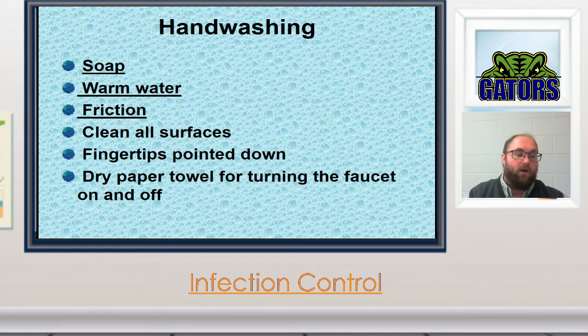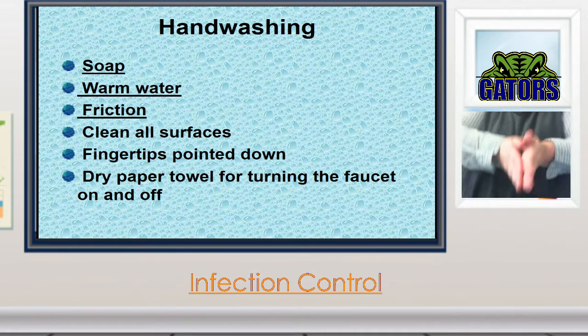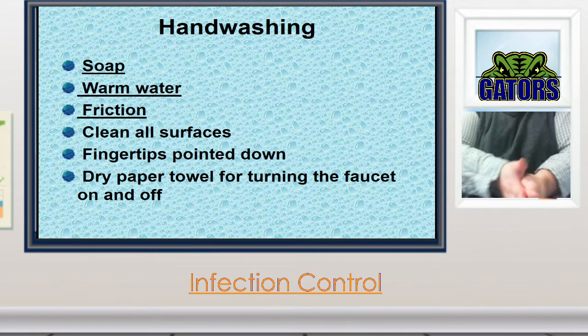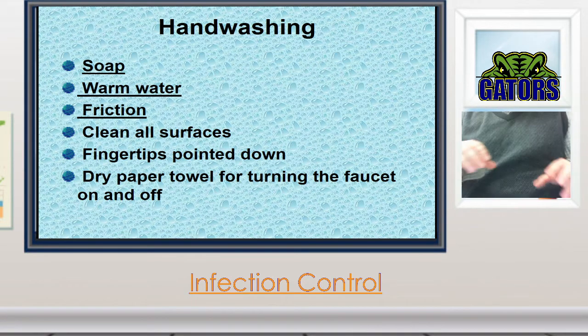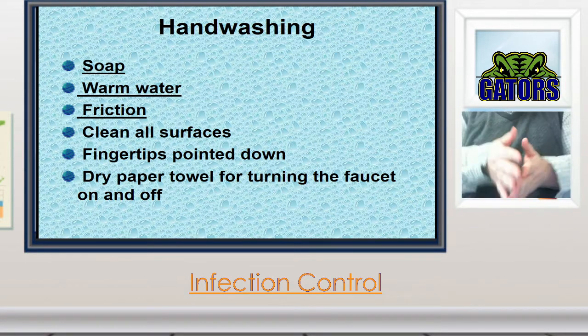So, what are the main ingredients of good hand washing? Well, soap, warm water, and friction. Then you make sure you clean all the surfaces of your hand and you keep your hands pointed down in this downward direction so that all of the bacteria can literally fall down the drain.